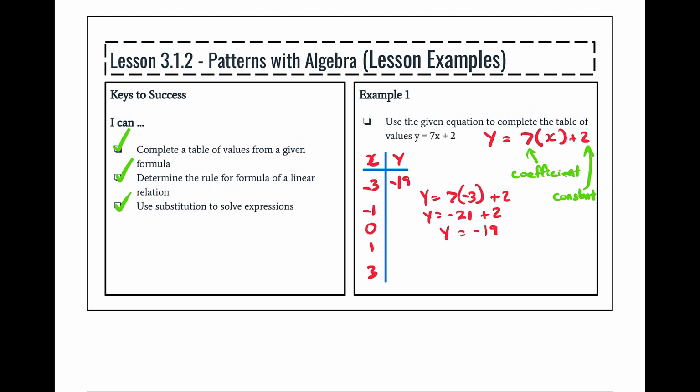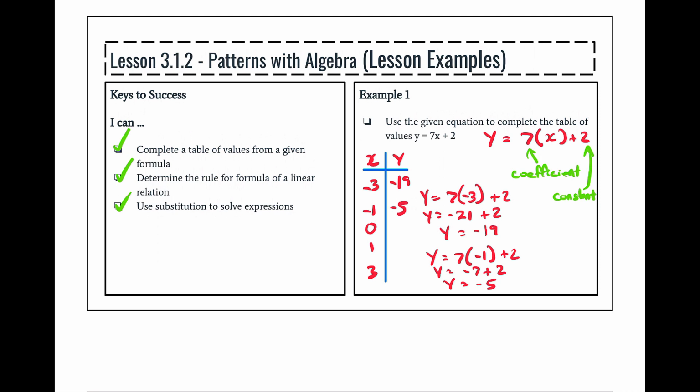And we're just going to continue that through on each one of these. So now I have y equals 7 times, in this case, -1 plus 2, y equals -7 plus 2, y equals -5. And then we just fill it in across here.